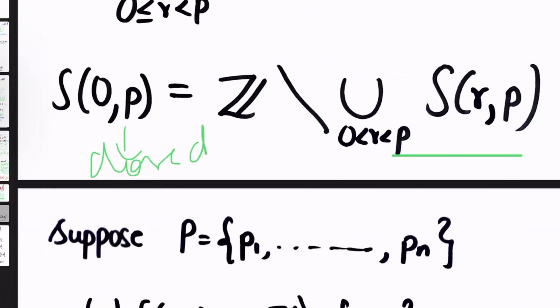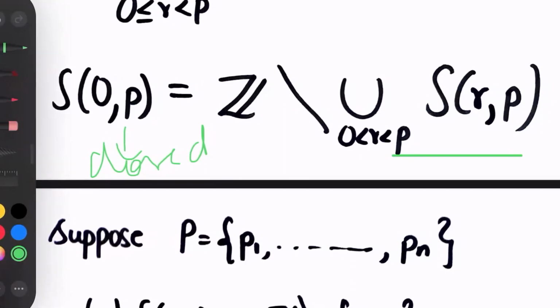In that case, we had observed that the union of all such S_{0,P}s, where P belongs to the set of all prime numbers, is going to be Z minus {1, minus 1}, because these are all such integers. So S_{0,P} is essentially PZ. So we are taking the union of PZs for all possible primes.